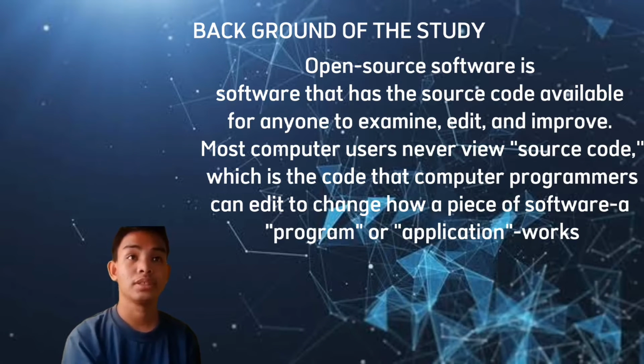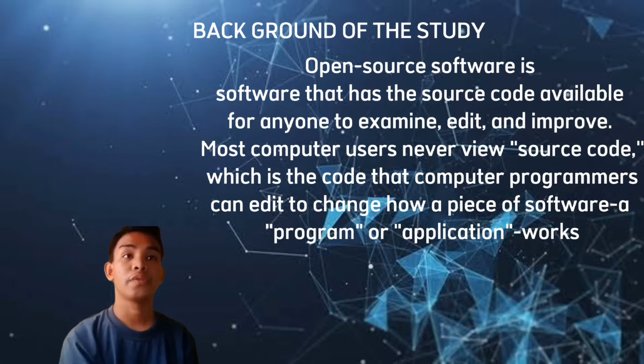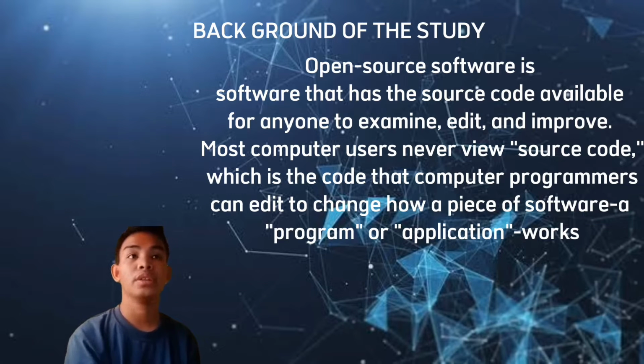Background of the study. Open source software is software that has the source code available for anyone to examine, edit, and improve. Most computer users never review source code, which is the code that computer programmers can edit to change how a piece of software, a program, or application works.